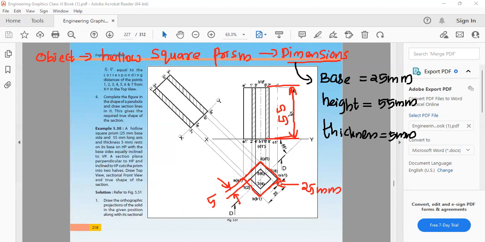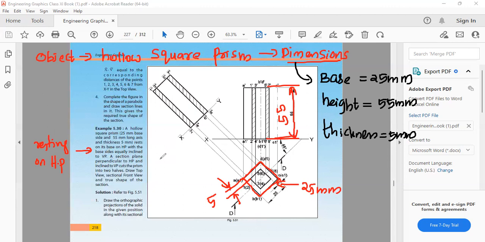Correct. Okay, then the hollow square prism is resting on its base on HP. Correct. And with the base sides equally inclined to VP.